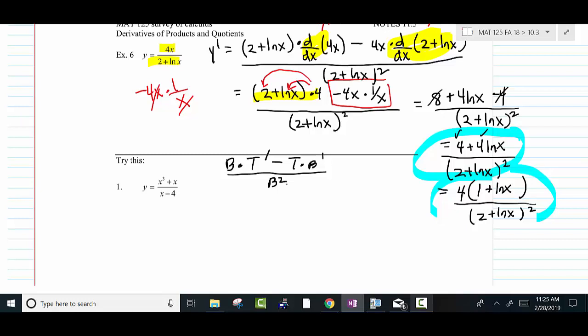One thing you want to be careful about is to make sure that's in parentheses. You may be okay with what you're doing, but you want to make sure that it's in a set of parentheses.